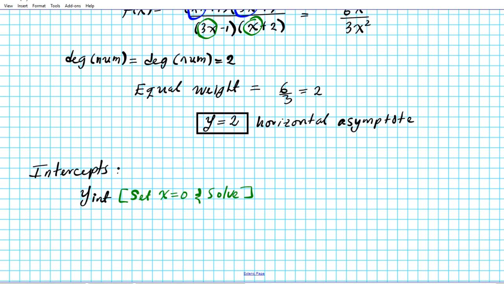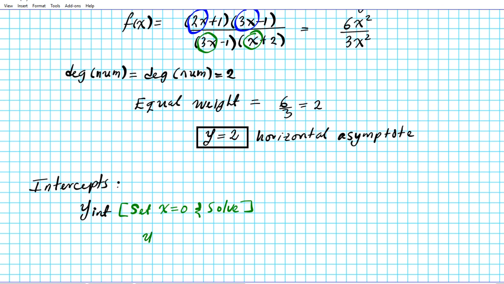Alright, so we know f of x is equal to y, so we're just going to write y. So we write the original function using y equals 2x plus 1 times 3x minus 1, divided by 3x minus 1 times x plus 2.